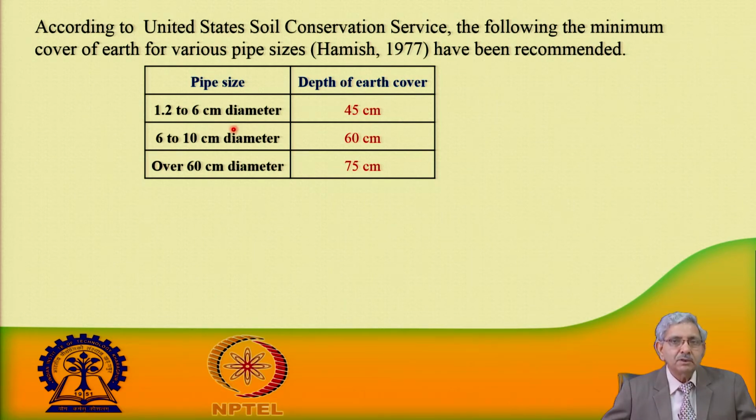If it is a 12 millimeter to 60 millimeter diameter pipeline, normally it is placed 45 centimeter below the land surface, and if the pipe size is 60 to 100 millimeter, then it is placed about 2 feet below the ground level, and when it is greater than 600 millimeter diameter, then it is placed 75 centimeter below the ground level.